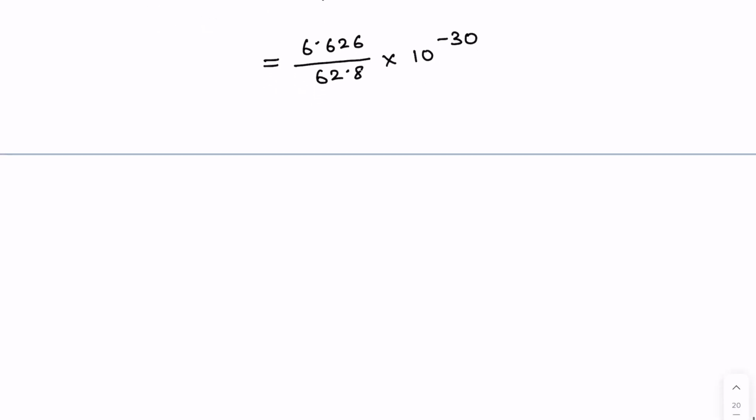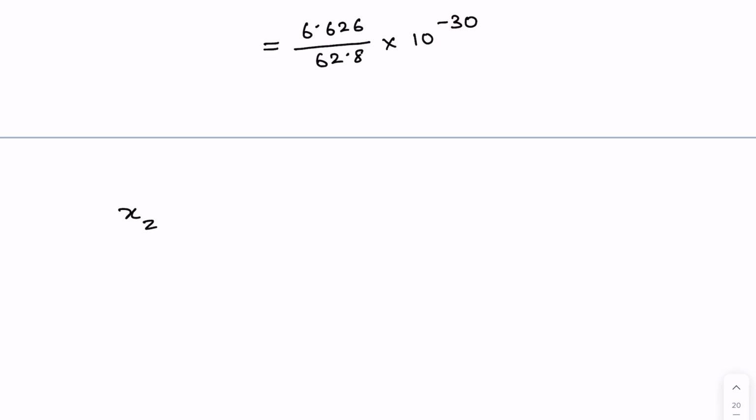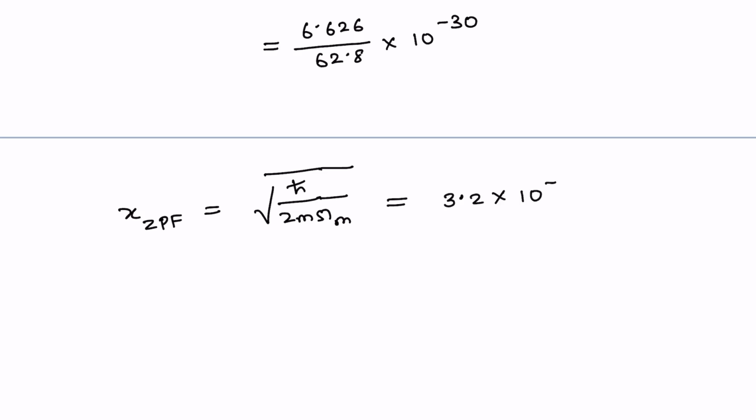So if I take the square root, then I get the zero-point fluctuation. If I take the square root of the above magnitude, I am going to get it to be around 3.2 into 10 to the power minus 16 meter. So that's the zero-point fluctuation I obtained.